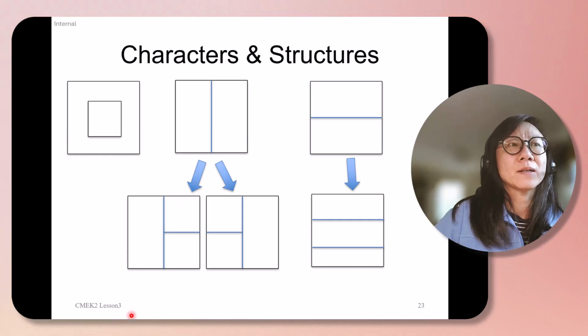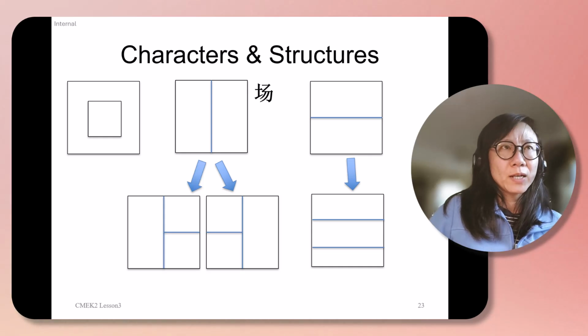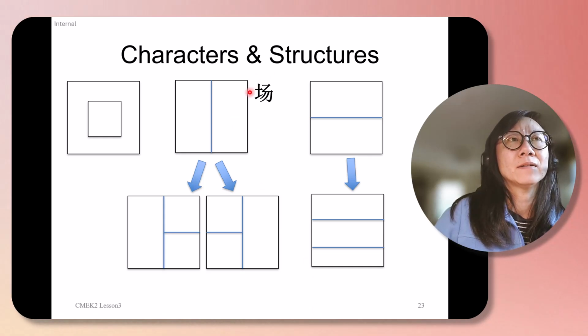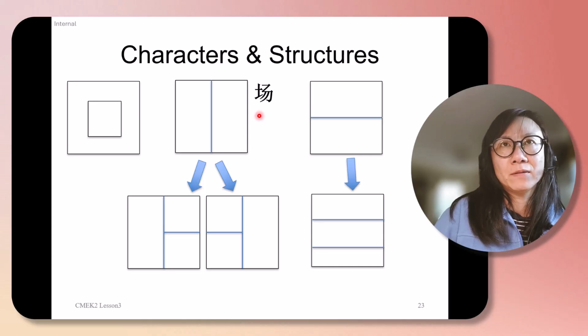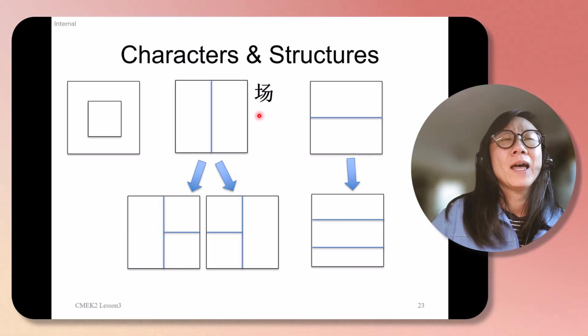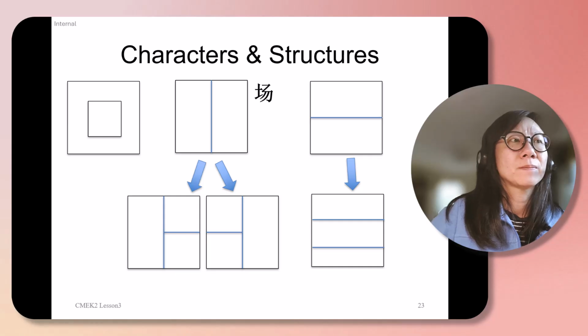Now let's have a look at some real characters. The first one is 场, which is an open area that we used in 操场, right? And in this 场, we can see there are a left side and a right side.